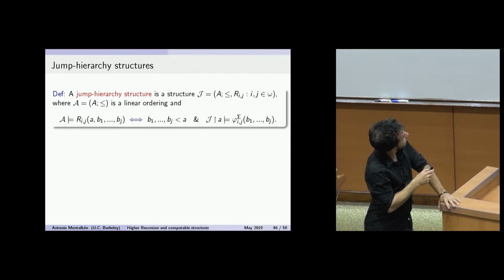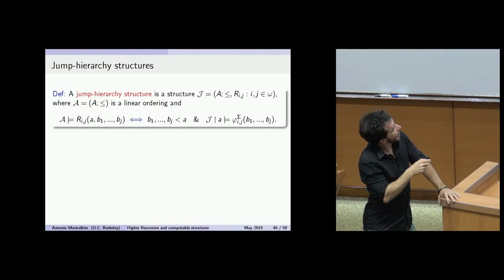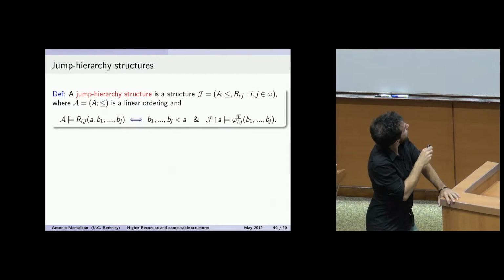So it looks like this: it has an ordering on the domain. The domain is linearly ordered. And it has all these relations, Rij. Rij has arity j plus 1.